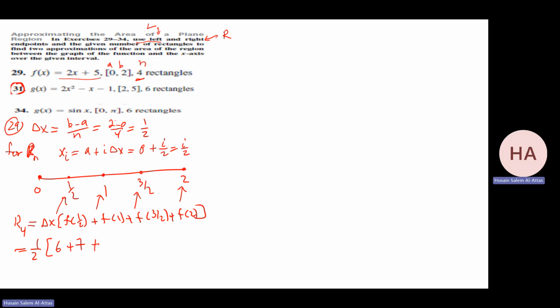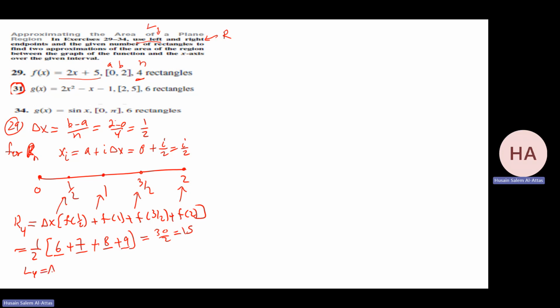It is 3 plus 5, which is 8. Huh? F of 2 is 9. So that gives me 6 plus 9, 15. So 30 over 2, which is 15.